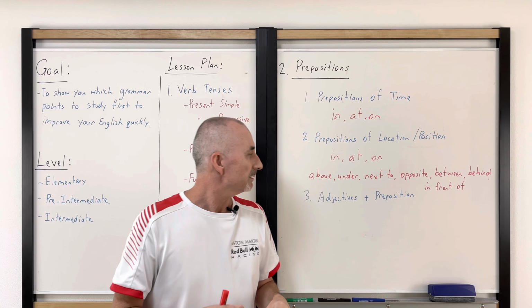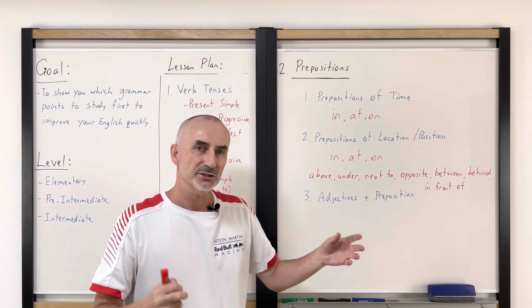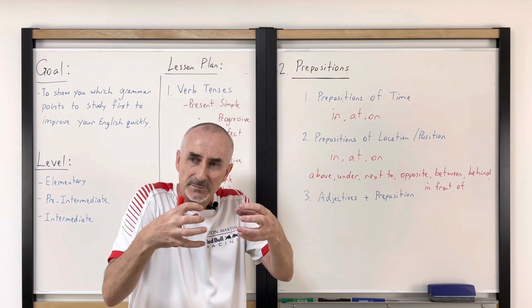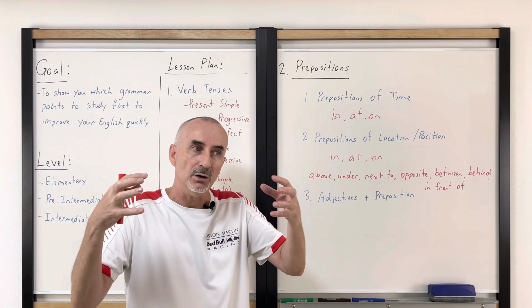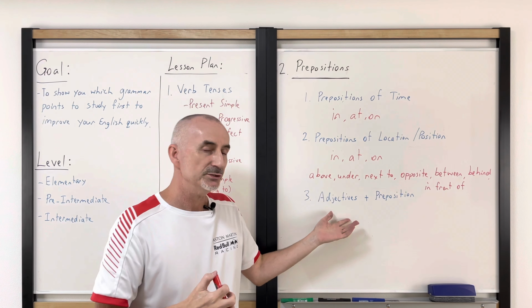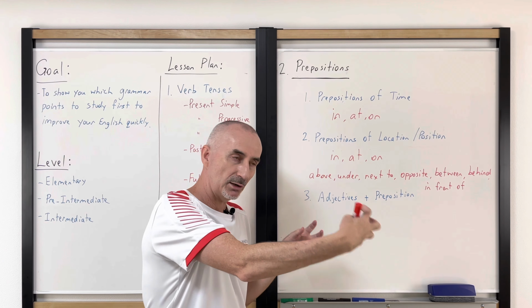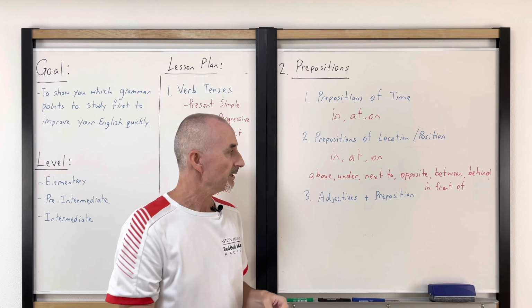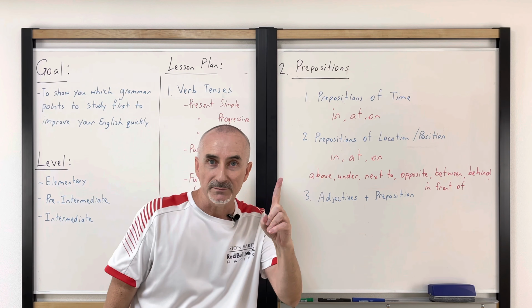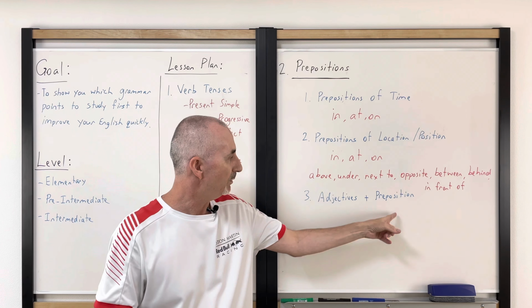However, although there are no rules, the adjective and preposition is often a set. It's often a set. So you only have to learn the set or memorize the set. When you learn a new adjective, learn the preposition which goes along with that adjective. Often there's only one. So it's always going to be the same preposition with that adjective.